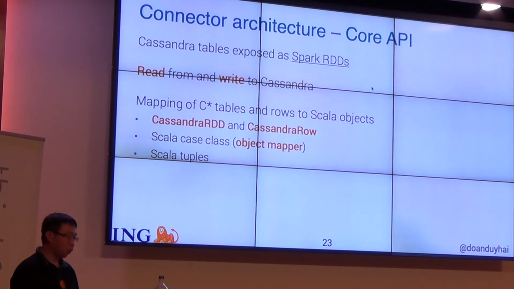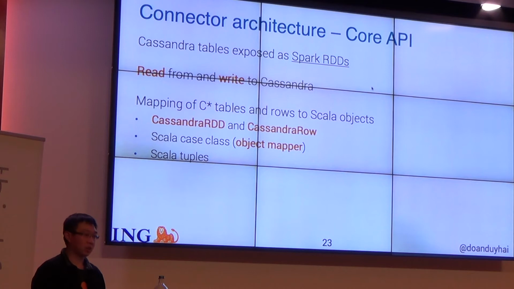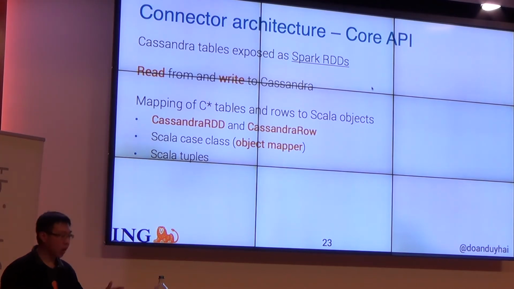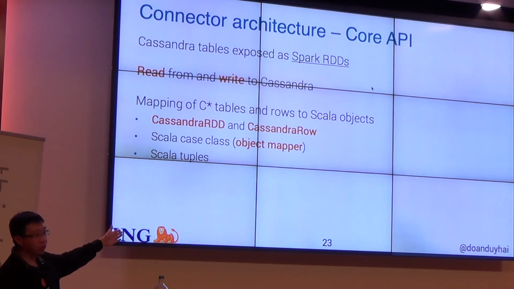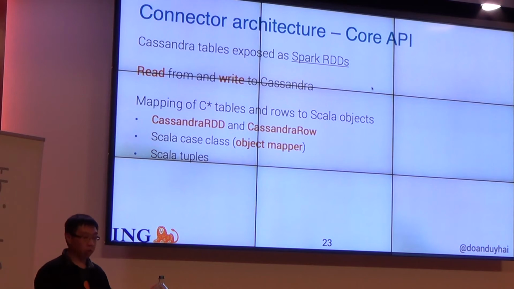If you want to work with Scala case classes, for those who don't know Scala, a case class in Scala is basically a Java bean, a POJO with a getter, etc. That's it. So we have an integrated object mapper for you. And if you want to work with tuples, we also support them.